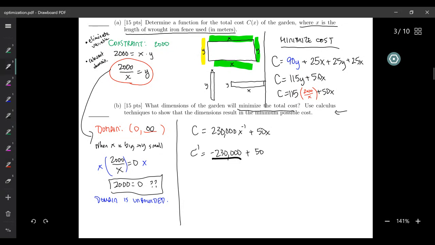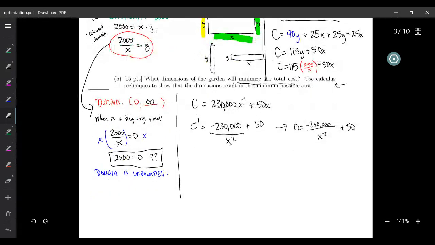Whoops, sorry. All right, so this is my derivative. Now I'm going to set this equal to 0, so 0 is equal to negative 230,000 over x squared plus 50.